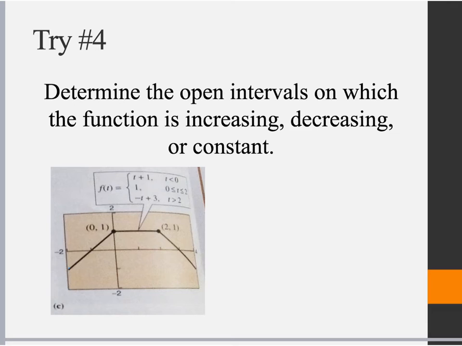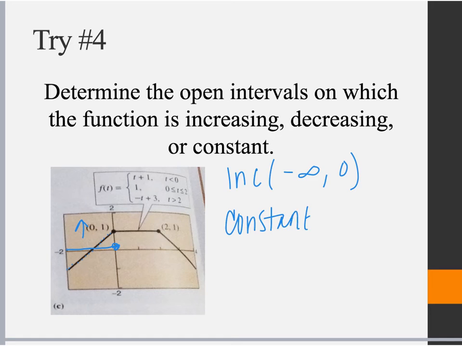Okay, so here we go. I am coming from -infinity and I'm going up, so I'm increasing. So I'm increasing from -infinity to 0. So from here to here, I was traveling upward. Then I am constant, right?